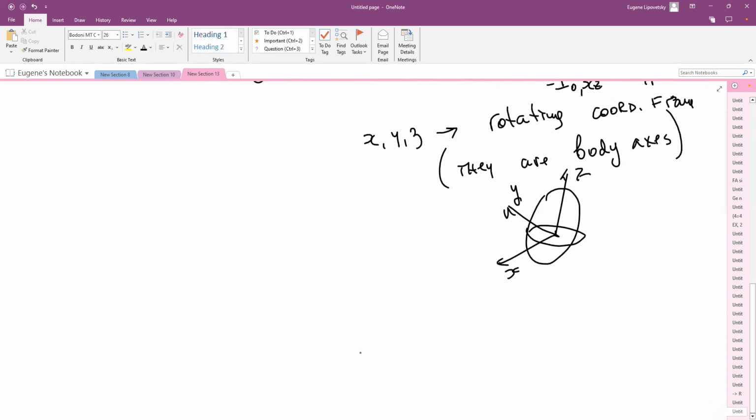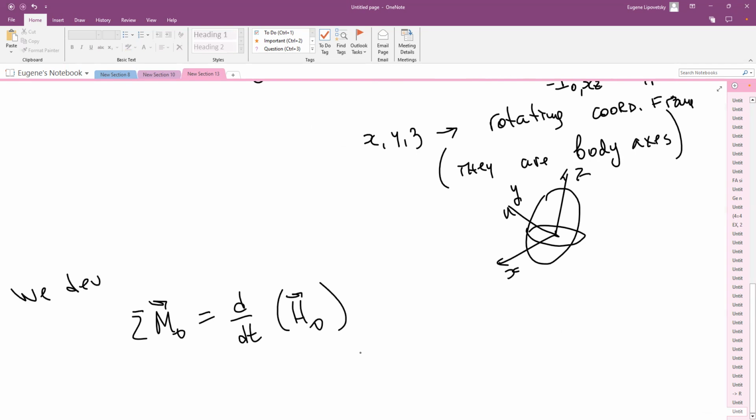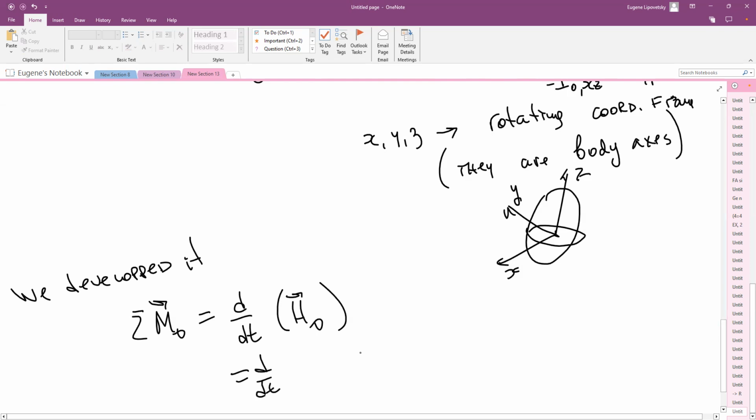Now the Newton-Euler equation says that the sum of the moments about point O equals the rate of change of angular momentum about point O. We developed it in the past. Which is going to be d/dt of the I matrix times omega vector.